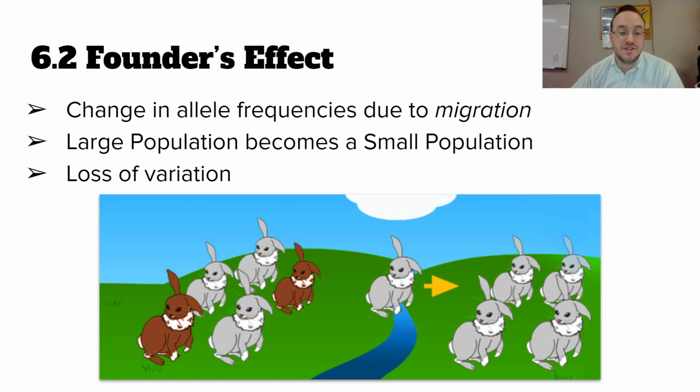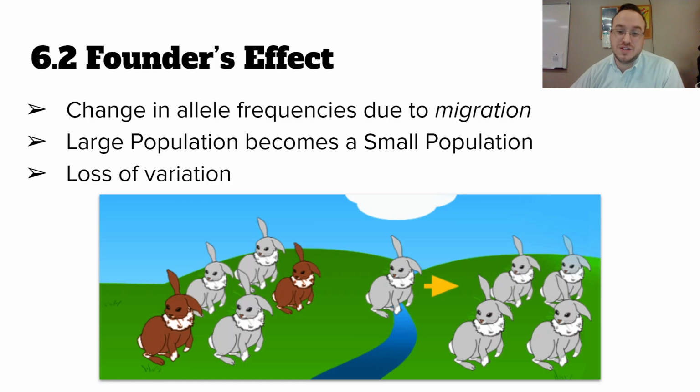For now, they're still the same species, but the population itself has lost variety because the new population only has gray bunnies. Maybe they've got a recessive allele for brownness somewhere in there, but they all have that dominant allele for gray. So it's very unlikely that new brown bunnies will be made through reproduction.